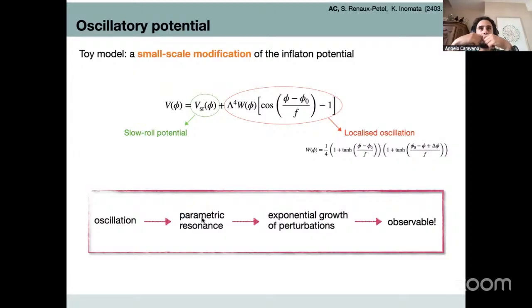This is basically exactly the same as reheating, but the field, instead of oscillating at the bottom of the potential, oscillates on the potential. But the equations are exactly the same for the resonance itself. And because of this oscillation, there's going to be an exponential growth of the perturbations, which will then make this model observable.